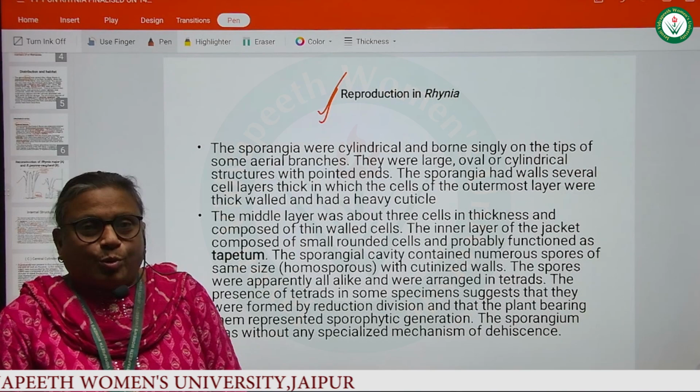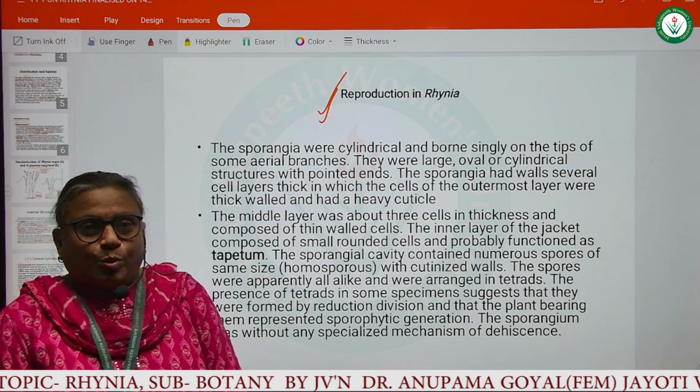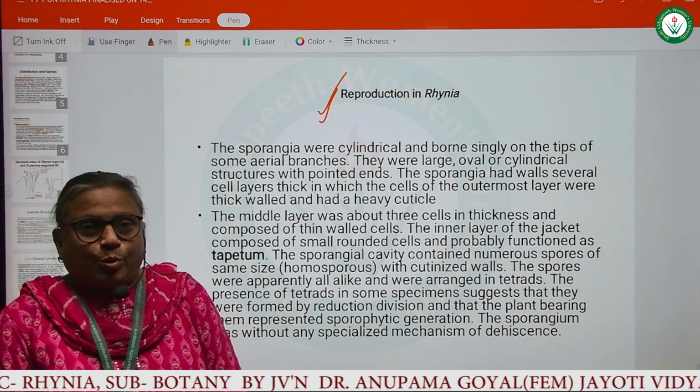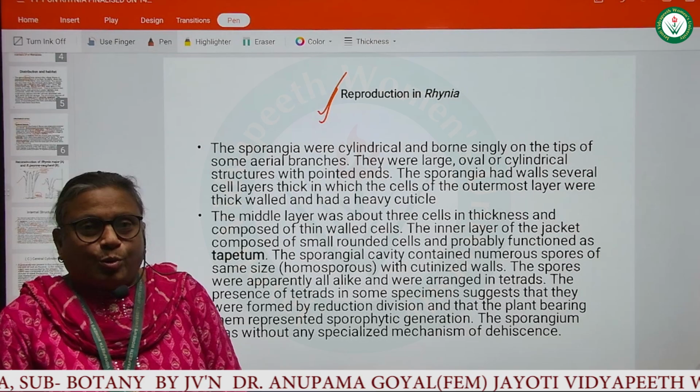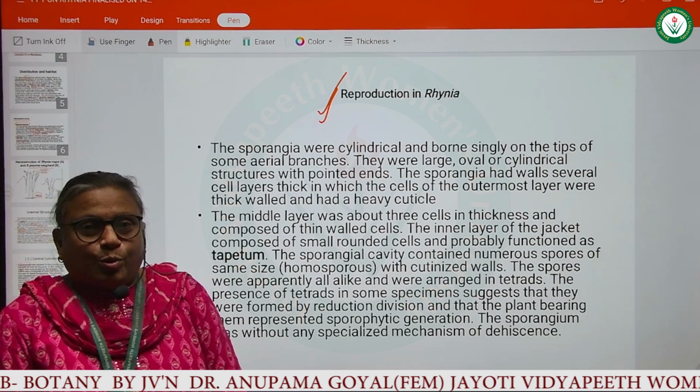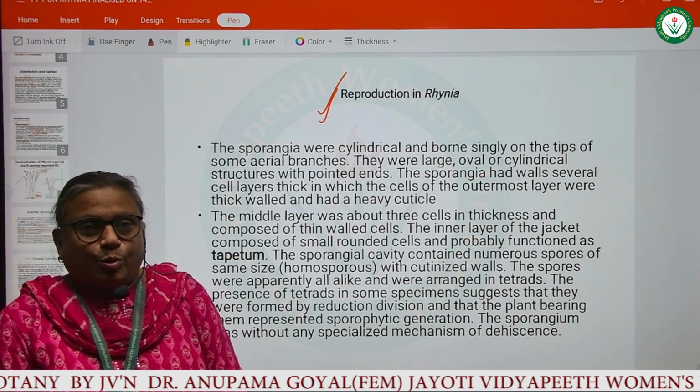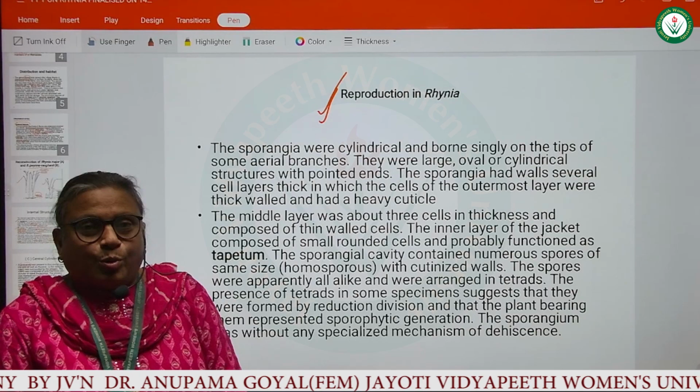Now I talk about the gametophyte, that is, the spores in Rhynia. The spores were cutinized and were borne in tetrads. The spores were 40 micron to 60 micron in diameter. Nothing is known about the gametophyte of Rhynia because the gametophyte of this fossil plant had never been discovered.